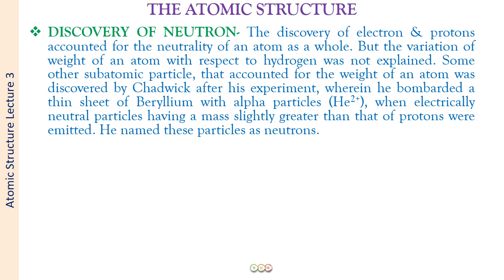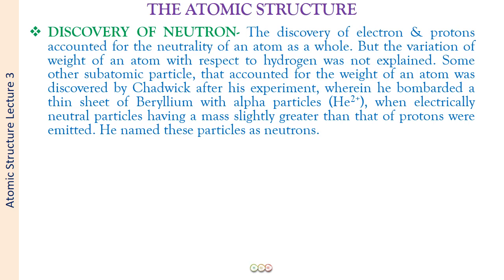When they saw that the mass of the hydrogen atom was equal to the mass of the proton, because hydrogen has 1 proton and 1 electron. Then they saw the mass of the helium atom. So helium basically has 2 protons as compared to the 1 in hydrogen. So the mass of the helium atom should have been twice that of the hydrogen atom. But that was not the case. Actually, it was 4 times that of an atom of hydrogen. So this was also seen in other elements also.